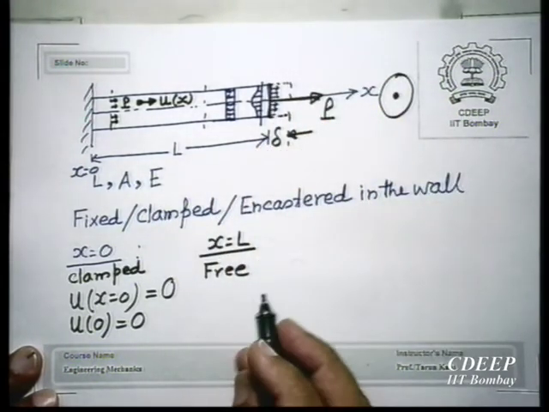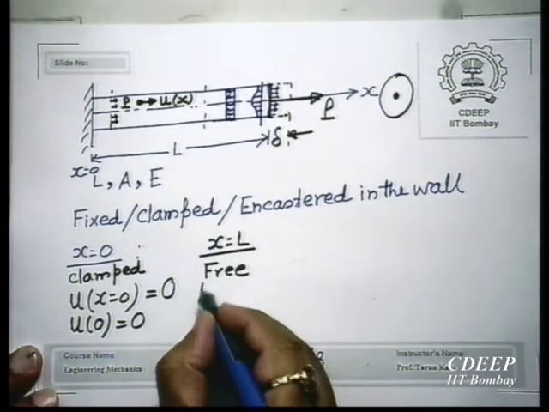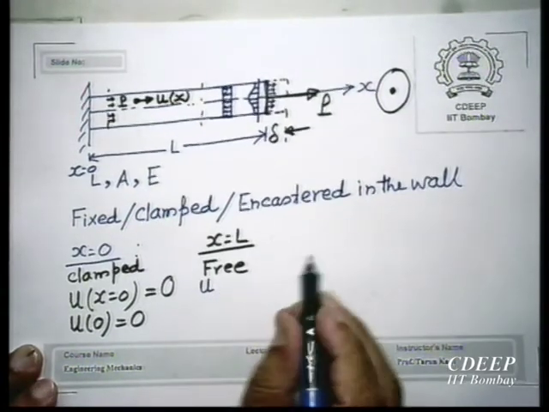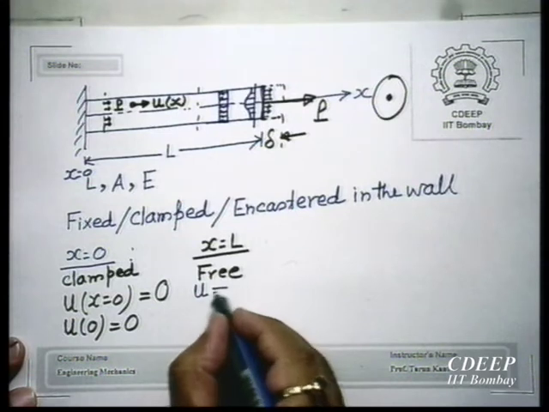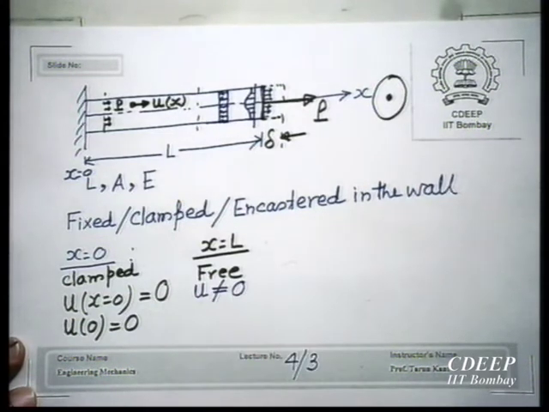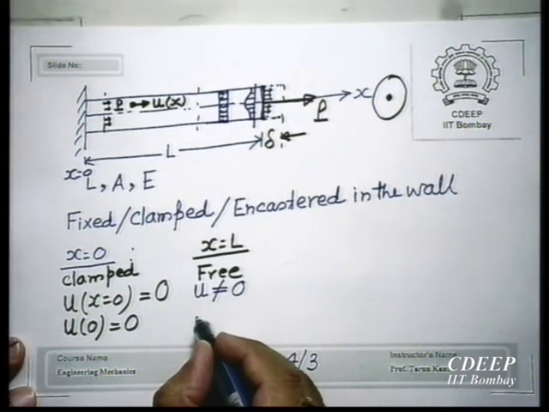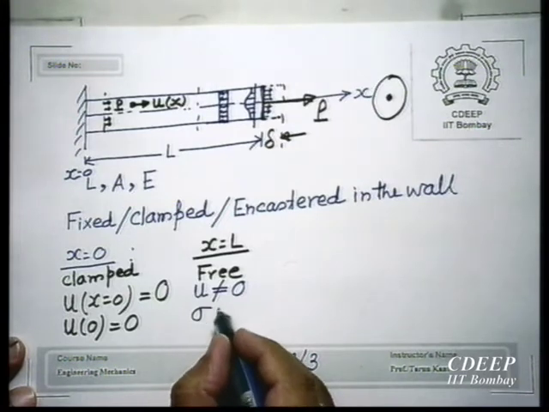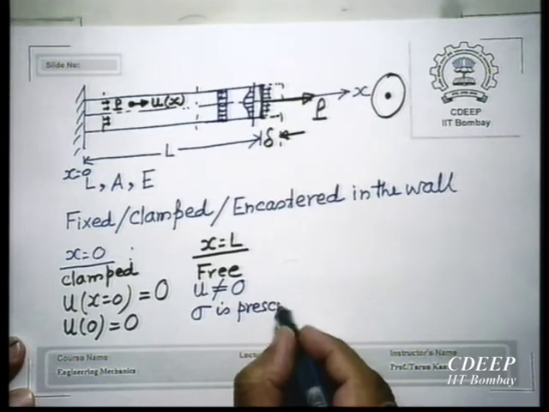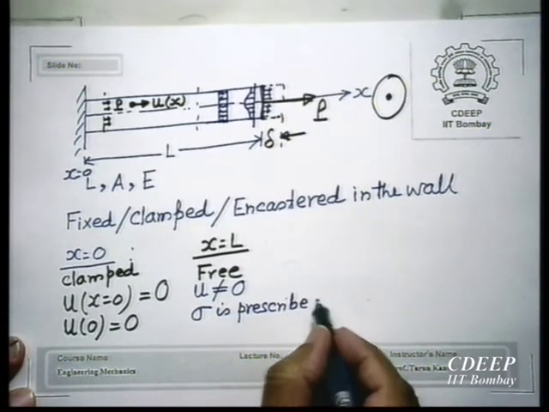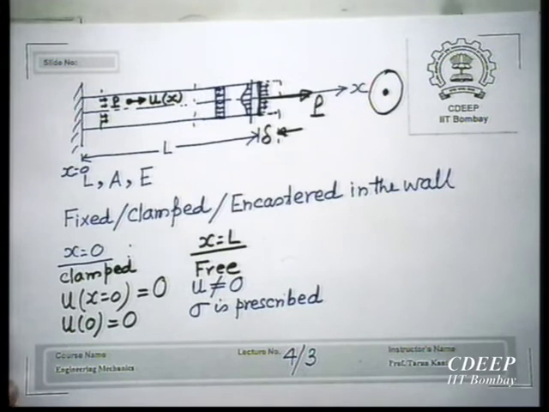So at the free end, u is not equal to 0, and sigma is prescribed. I will simply write here, sigma is prescribed.